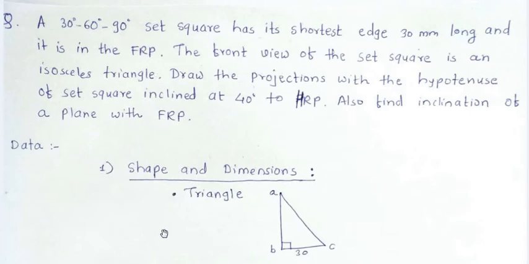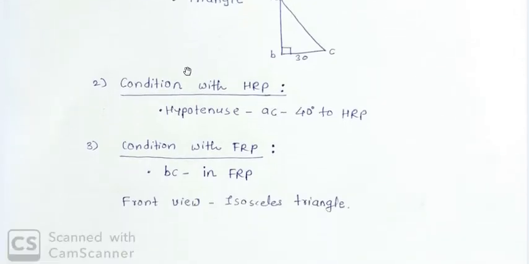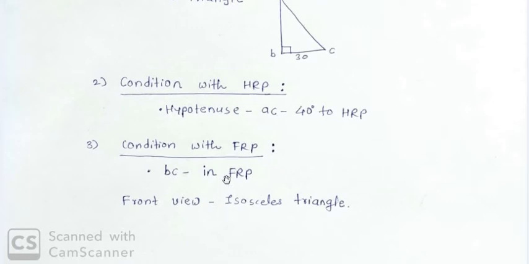That means this triangular set square is resting in FRP on its shortest edge such that its front view is an isosceles triangle. Now let us go for the solution in our usual steps.